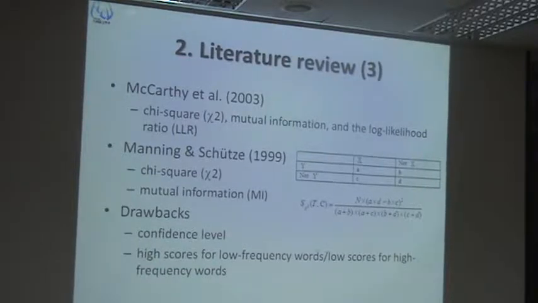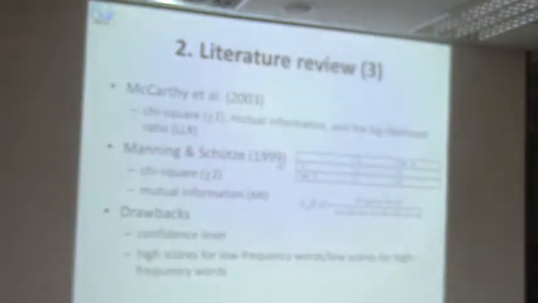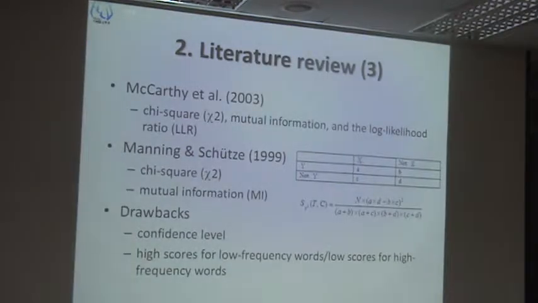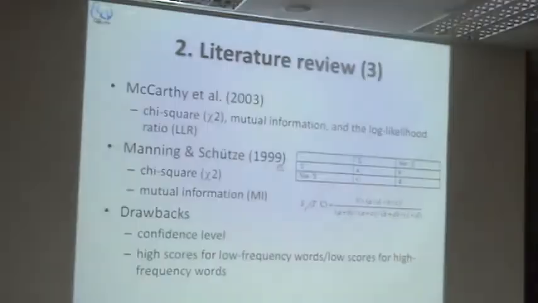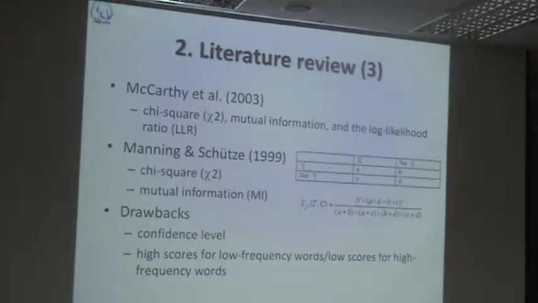We all know that the t-test is based on the assumption of normal distribution, but chi-square is not. So we can use chi-square to examine whether the occurrence of two words is within the confidence level or not. If they're in the confidence level, they should be considered as a collocation. But if they are not in the confidence level, they are not seen as a collocation.